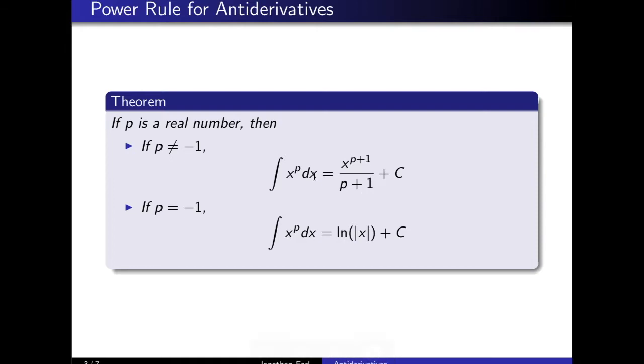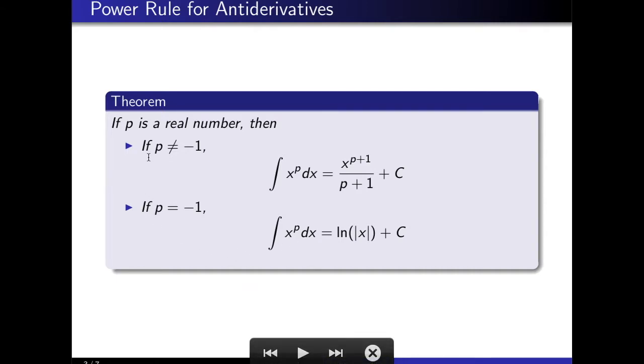For us in Calc 1 or also Calc 2, this isn't that big of a deal because there's only one variable in the expression. When you go off to Calc 3, you could have 2 or 3 or more variables, and then including the variable that you're finding the antiderivative with respect to becomes very important. For us, it's a notational thing. Just remember to include the dx. It's good for notation, but also if you don't, it will cost you points.